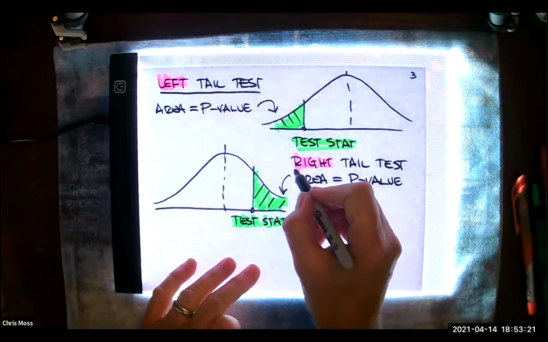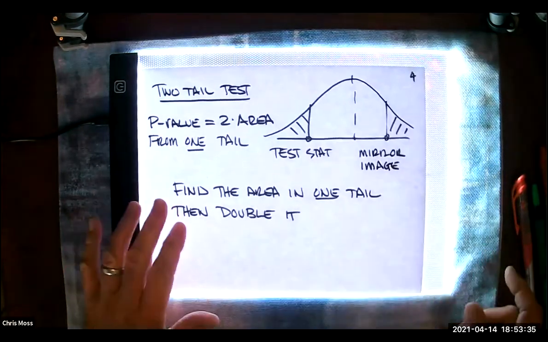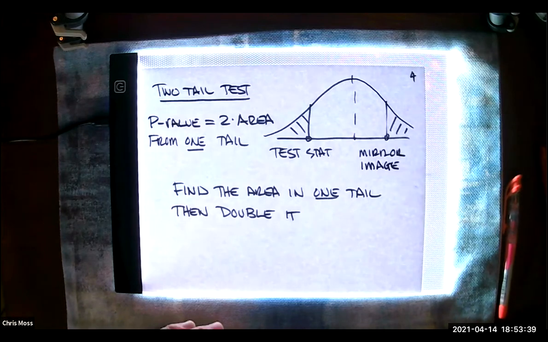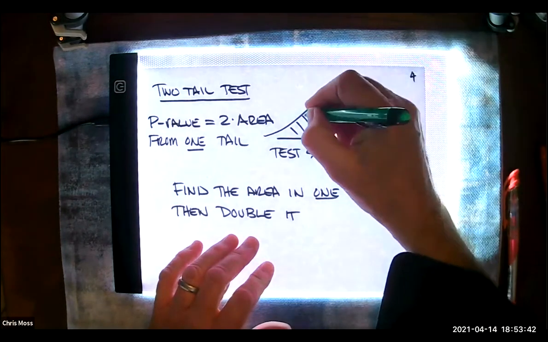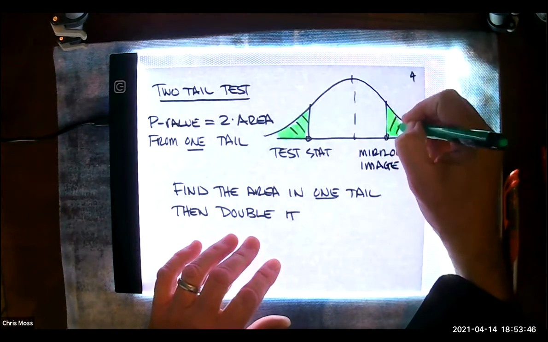So keeping that in mind, the one that is the most involved is the two-tail test. And that was the one we looked at just a few moments ago. In this case, the p-value for the two-tail test is going to be twice the area to either the left or the right.